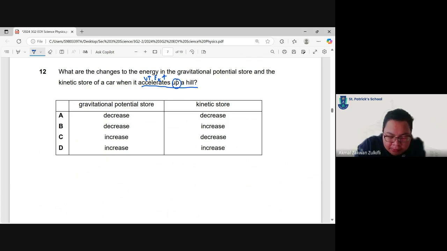And they use up a hill. Now it's also going up the hill, so height is increasing, right? It's moving up, up, up, up. That means the gravitational potential energy will also increase. Okay? So the answer is increase and increase.